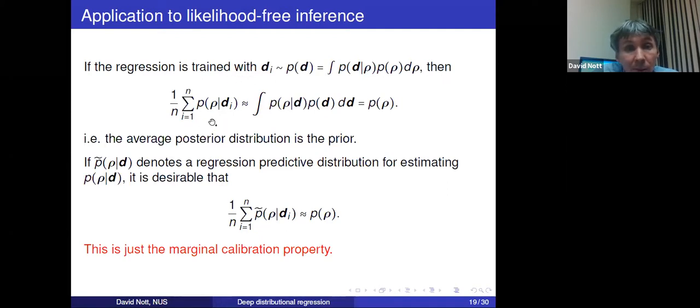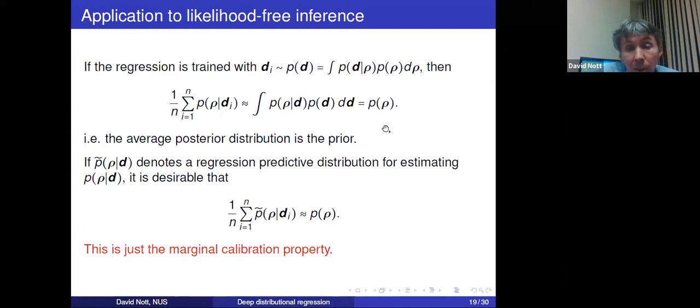For data like that, if I look at the average of the posterior distributions, then for n large, that's going to be approximately this expectation where I integrate the posterior given data D over the prior predictive for D. And of course, the integrand here is just our joint Bayesian model for rho and D. We're marginalizing over the data. When you integrate out D, you just get the prior distribution for rho. So the average posterior distribution is just equal to the prior here.